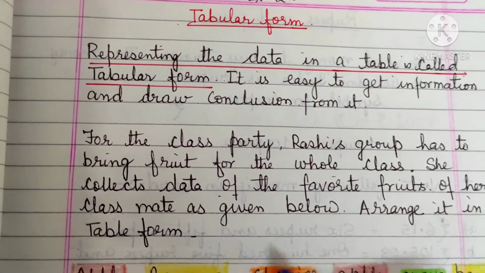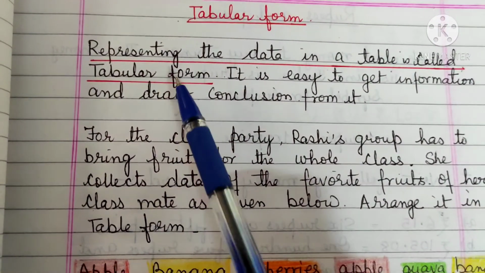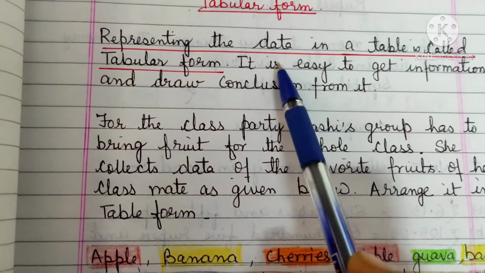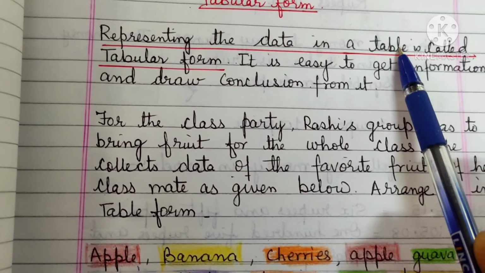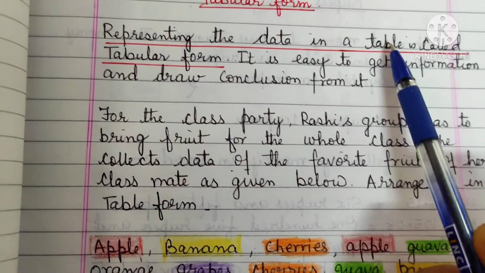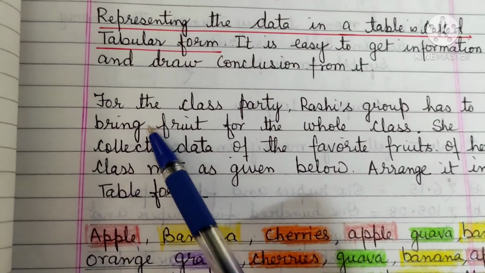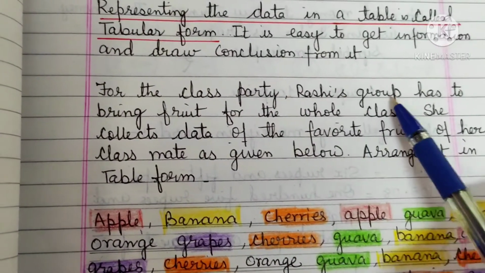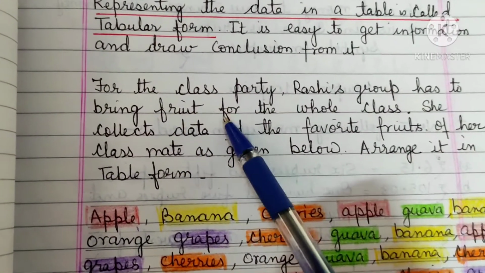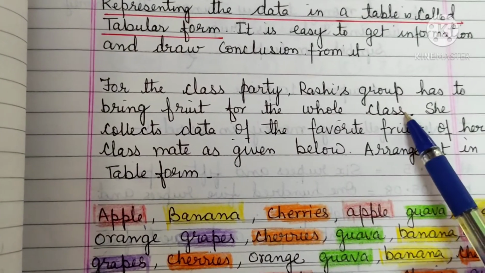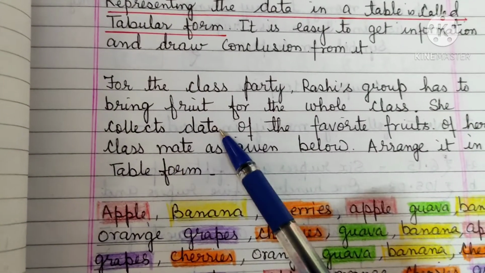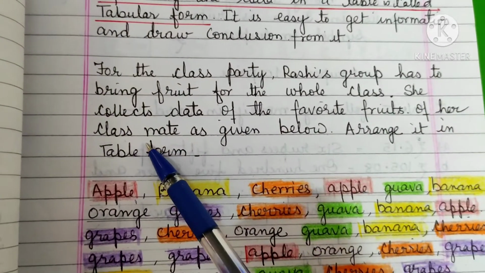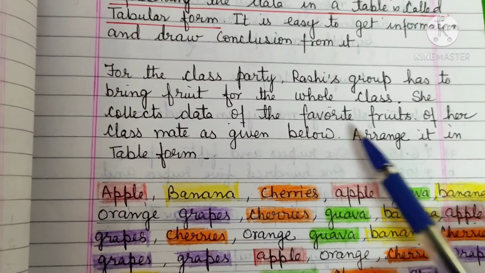Now children, let us see how we can represent the information or data in table form. For that I have taken one example. For the class party, Rashi's group has to bring food for the whole class. She collects data of the favorite food of her classmates as given below.